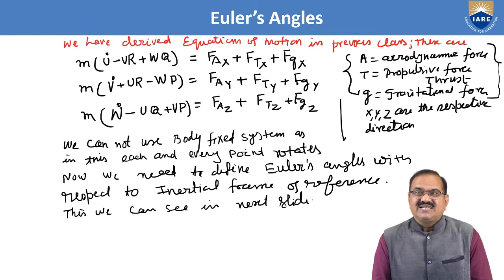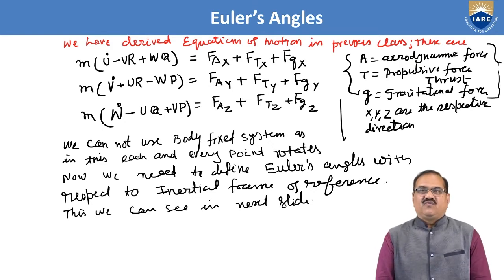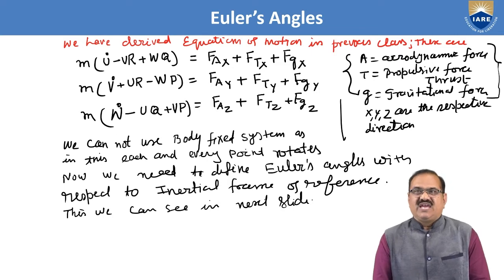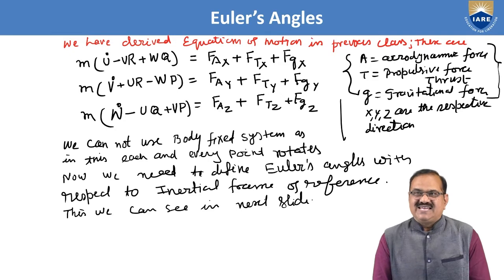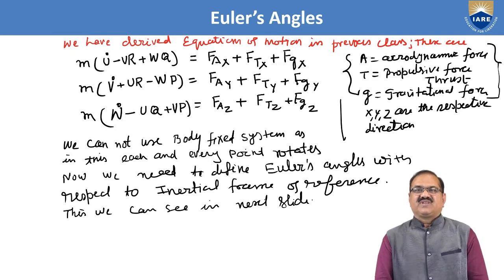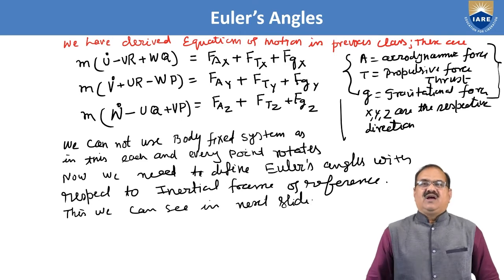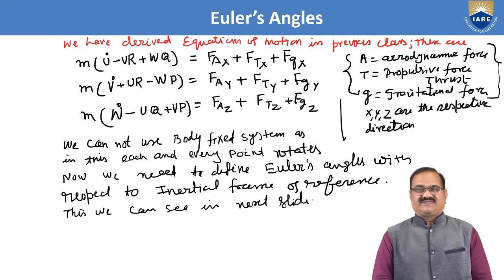The second equation is m(V dot plus UR minus WP) is equal to FAY plus FTY plus FGY, and m(W dot minus UQ plus VP) is equal to FAZ plus FTZ plus FGZ. We cannot use the body fixed system, as in this each and every point rotates.